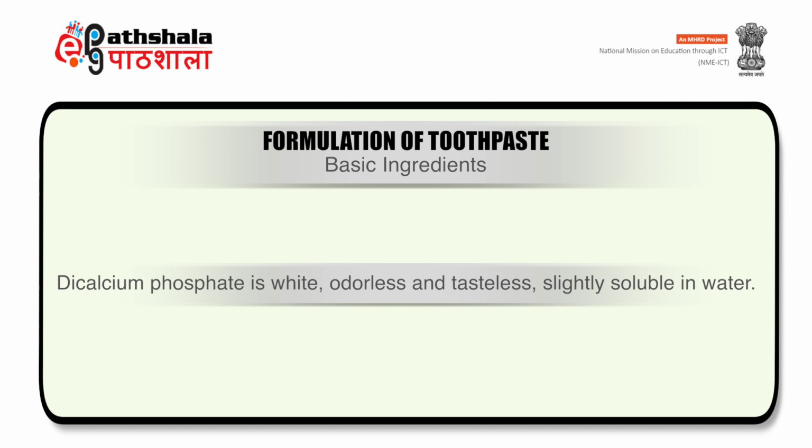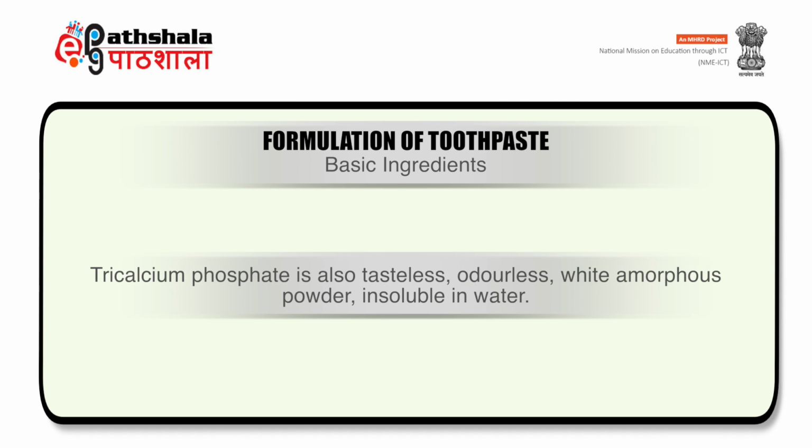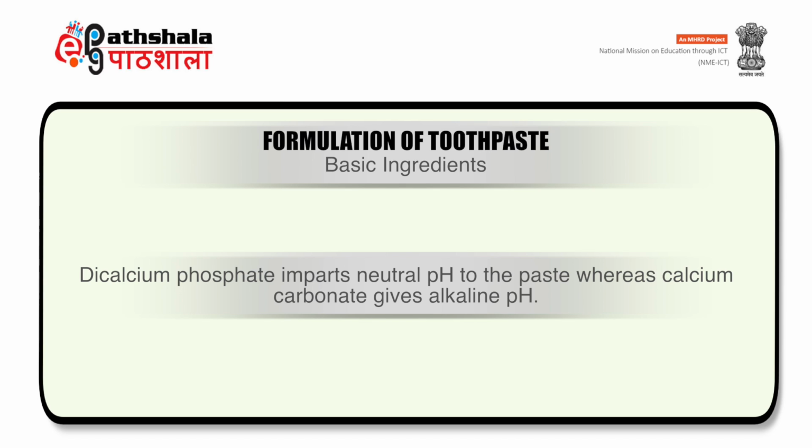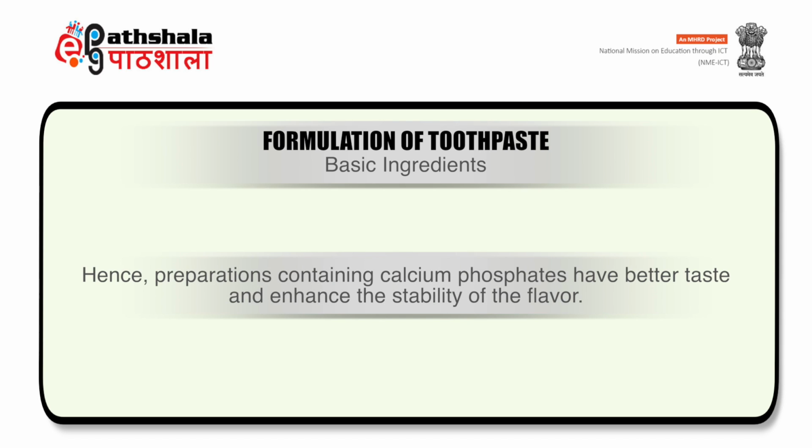Dicalcium phosphate is white, odorless and tasteless, slightly soluble in water, whereas tricalcium phosphate is also tasteless, odorless, white amorphous powder, insoluble in water. Dicalcium phosphate imparts neutral pH to the paste, whereas calcium carbonate gives the alkaline pH. Hence, preparations containing calcium phosphates have better taste and enhance the stability of the flavor.